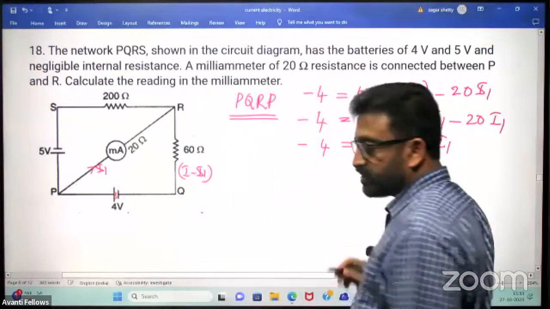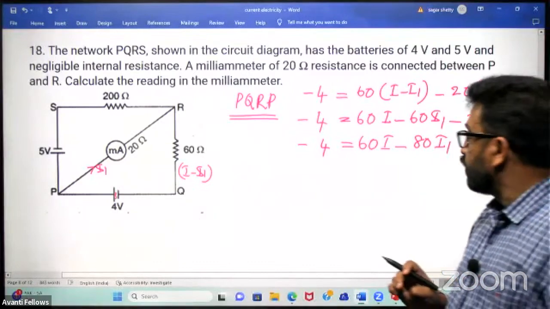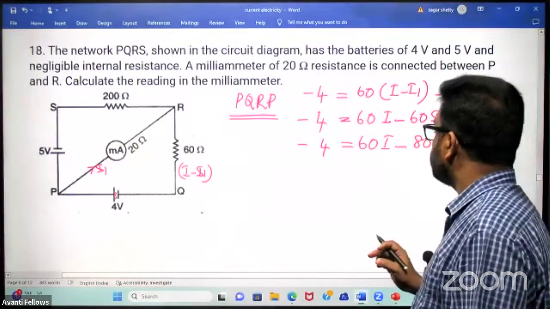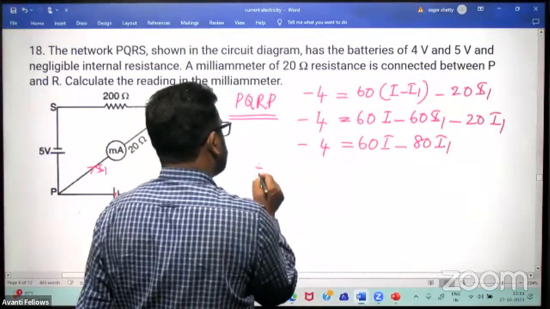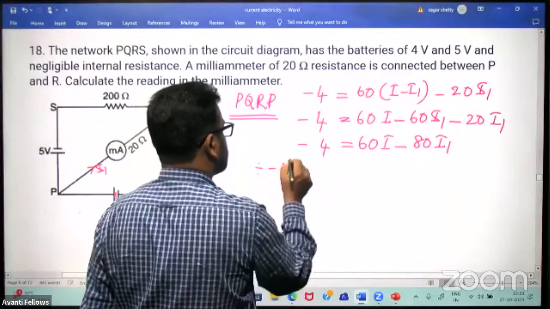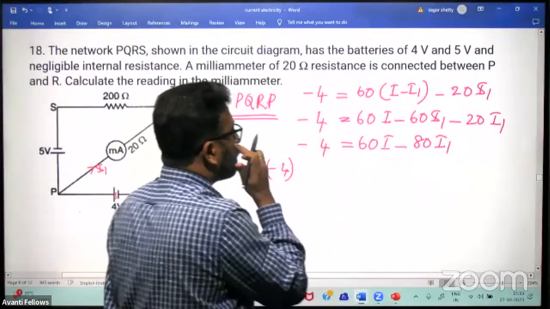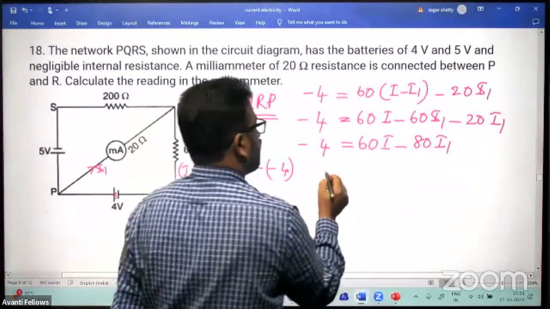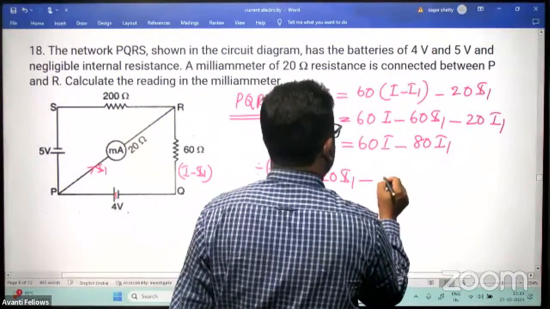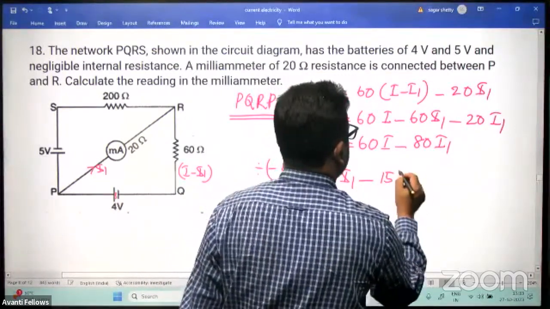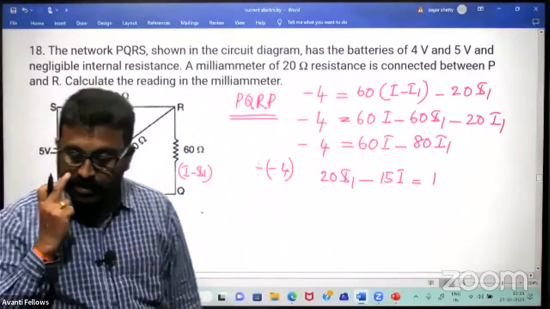We divide it by -4, and then we get the first equation.